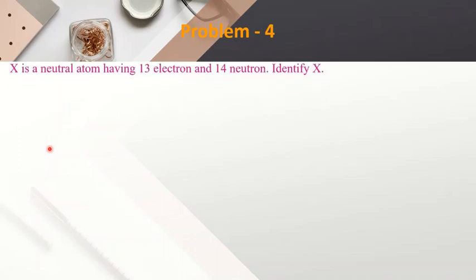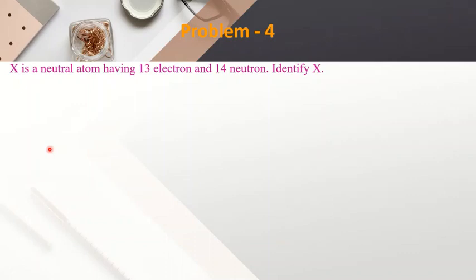Now this is the last problem. X is a neutral atom having 13 electron and 14 neutron. Identify X. Here X is a neutral atom and it has 13 electron. Neutral atom means 13 electron, so it has 13 proton also, and 14 neutron.